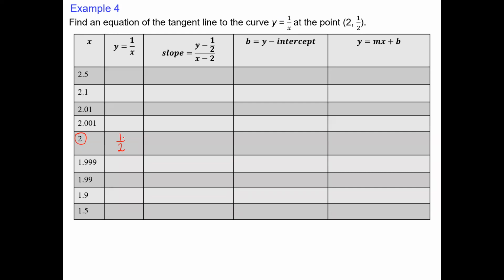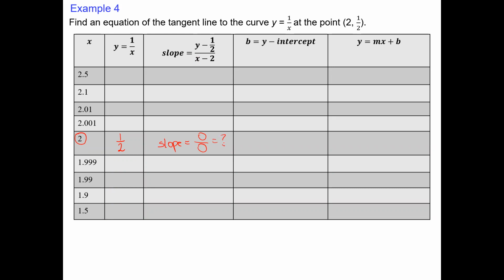When I subtract 1/2 minus 1/2 over 2 minus 2, there is no rise, no run. So that's not exactly the way that we will do it.